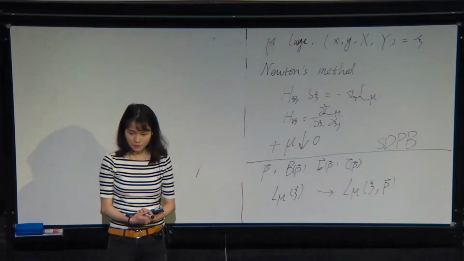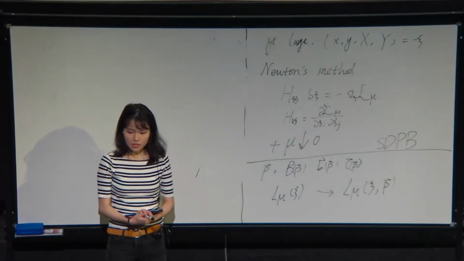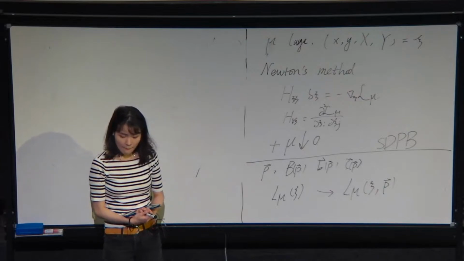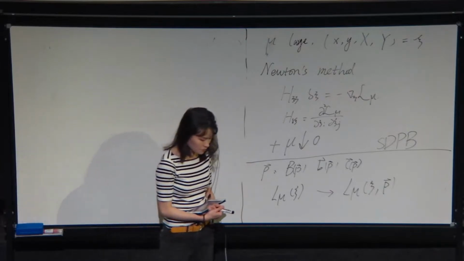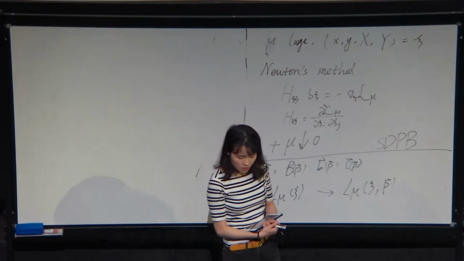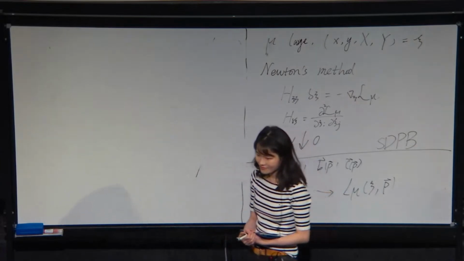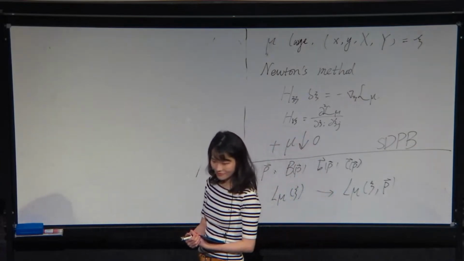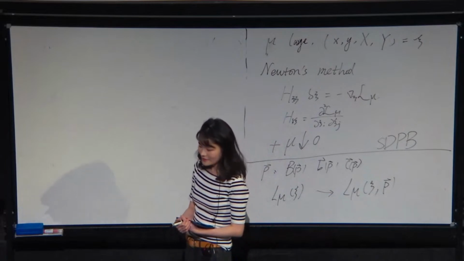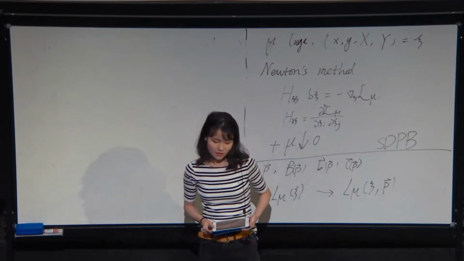You know it has to go to 0, but it's not really a variable of the problem. Is it unavoidable? Is there some fancy way of doing things in which you treat mu also as a variable on par with X and Y, so that you flow now in the space of three parameters?